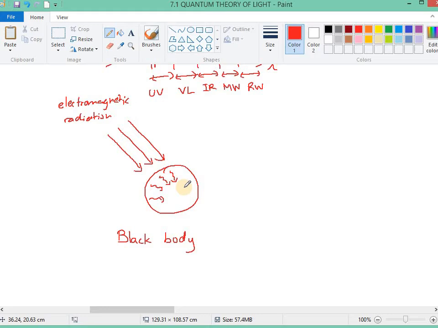That means it will be converted into heat energy and cause the temperature of the object to increase. When the temperature increases, the particles inside this black body will oscillate, and the energy that was absorbed just now will be re-emitted as electromagnetic radiation.